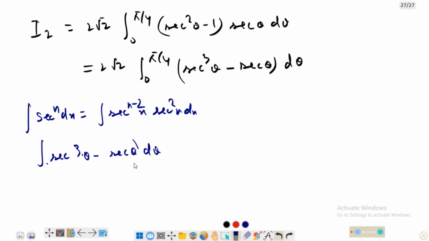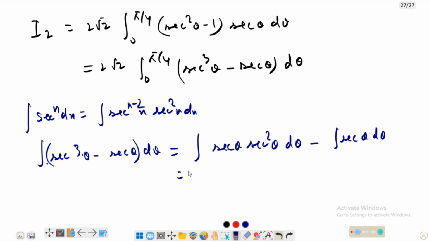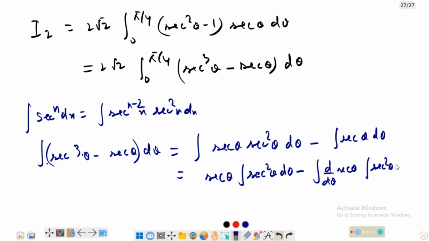So I calculate sec theta into sec square theta d theta minus sec theta d theta. So this is sec theta times the integration of sec square theta d theta, minus the integration of the differentiation of sec theta times the integration of sec square theta d theta, minus the integration of sec theta d theta.